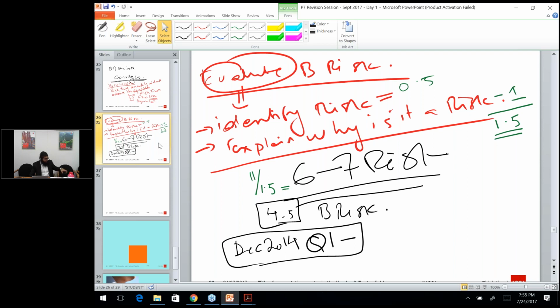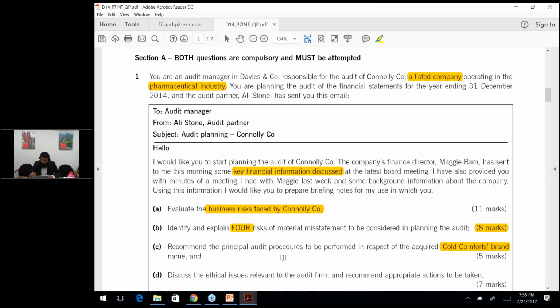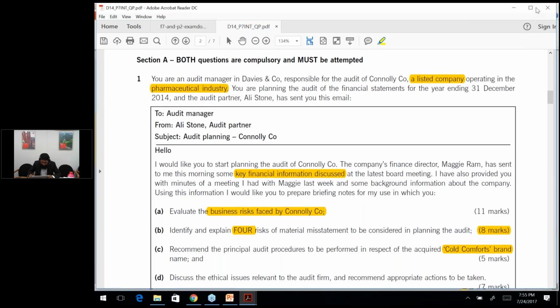Okay, let's start off. We are going to start discussing this question, which is December 14, question number 1. The first thing is that the question's requirement is to evaluate the business risks being faced by Connolly Company.